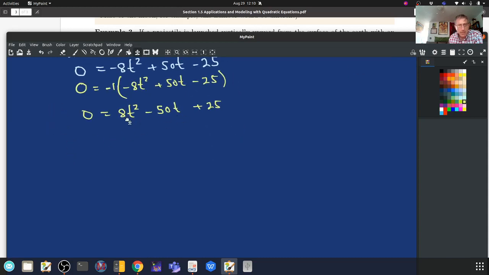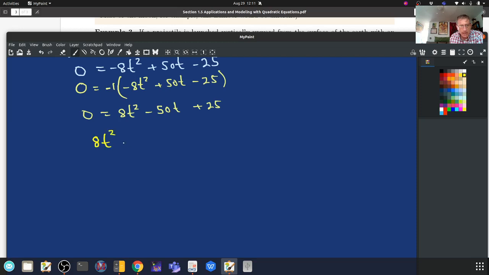Is there anything else I can do to make this problem easier? Well, there's not, because the GCF of these three terms is 1. Now, if this were 26, I could divide through by 2 again, but it's not, it's 25. So what we're going to do in this one is I'm going to indulge you, and we're going to use the quadratic equation. The only thing you have to note here is that this is a quadratic equation in the variable t.